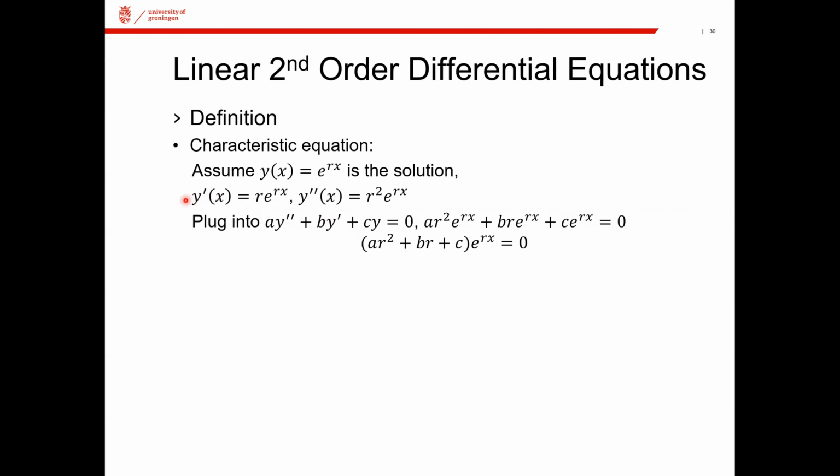So we plug in y prime and y double prime into the homogeneous differential equation here, and then we will have this equation. And we can move the e to the power of rx to here.